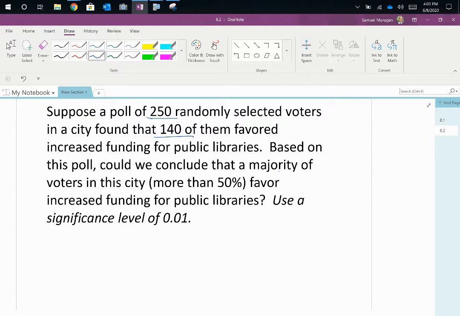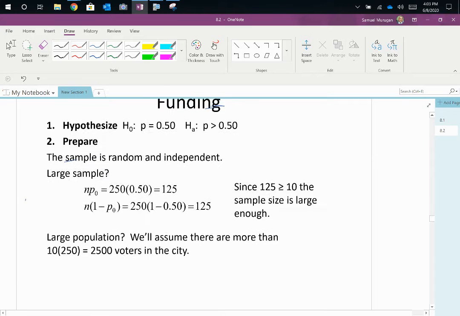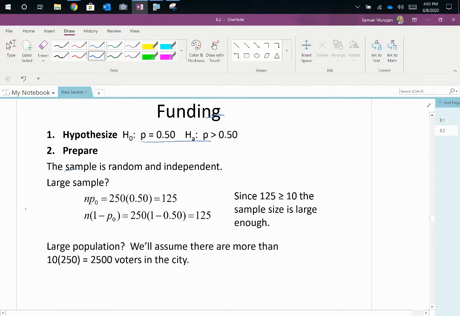So the null hypothesis is 0.5, and the alternative is p greater than 0.5. And then they said to use a significance level of 0.01. So here we go. This is the null and this is the alternative.